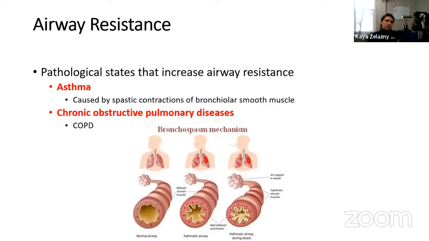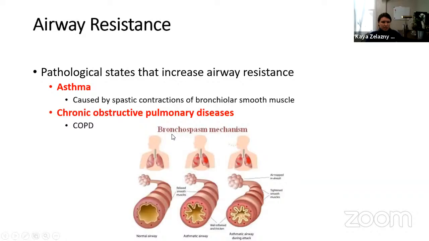So largely when we think about airway resistance with respect to the respiratory system, we're interested in pathology and we're interested in diseases. So I know I got some questions about this in lab sometimes. What we're looking at here first is a picture of a bronchospasm.